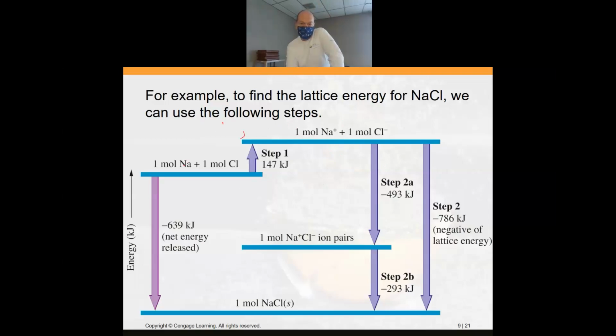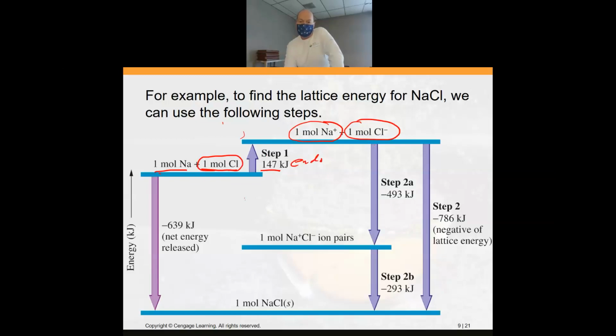We're going to take our 1 mole of sodium and our 1 mole of the atom chlorine. It's going to require 147 kilojoules in order to ionize the sodium, the ionization energy for the sodium to make it sodium plus, and the electron affinity for the Cl. So that is an endothermic process.